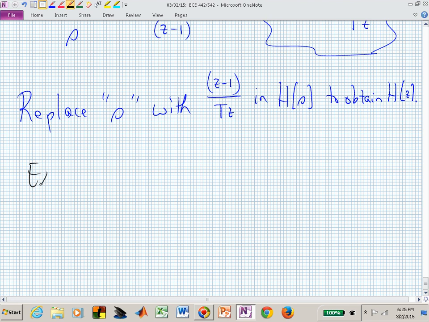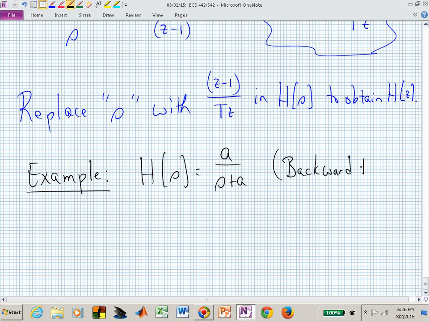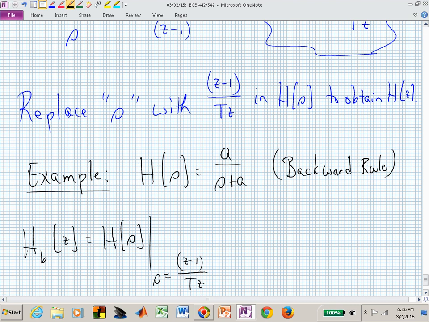And if we go back to our example, and apply our backward rule, we can now say that H sub b of z is capital H of S, with S everywhere replaced with z minus 1 over capital Tz, or this is now A over z minus 1 over Tz plus A.